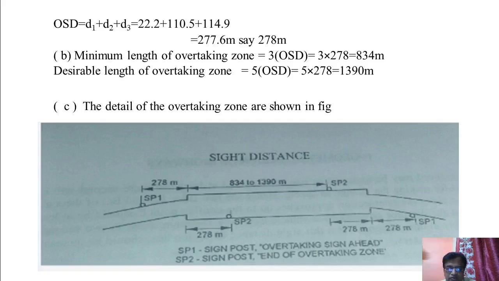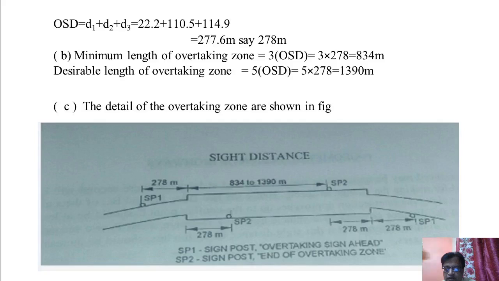So this SP1 is signpost 1. What does SP1 say? It says overtaking zone ahead, or the start of the overtaking zone. Here is SP2. Before the zone ends, you need to put one more signpost, that is end of the overtaking zone. Similarly, for the vehicle coming from this direction, this is the position of SP1, 278 meter before.